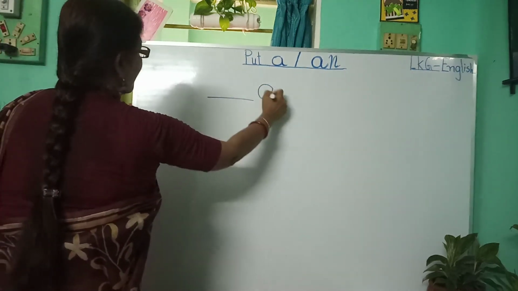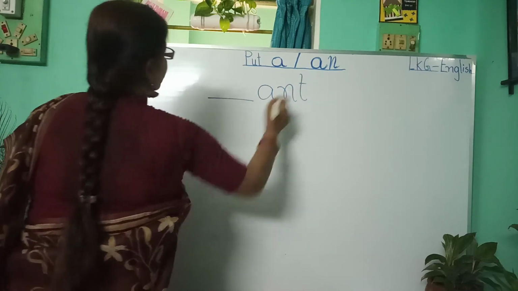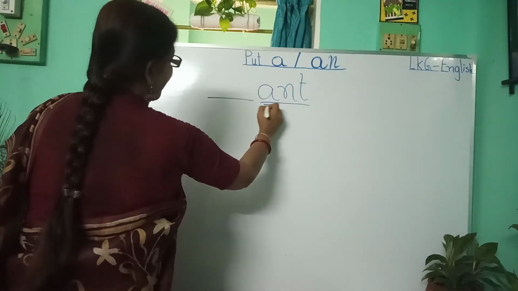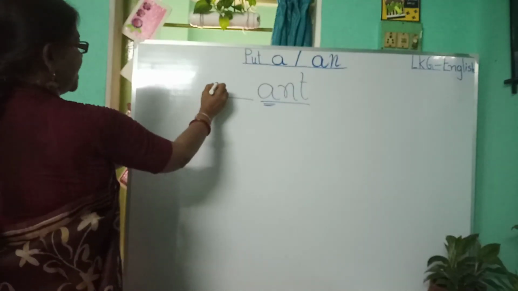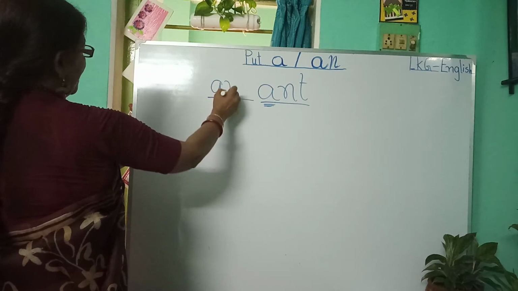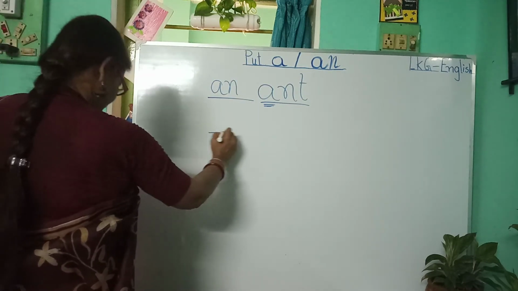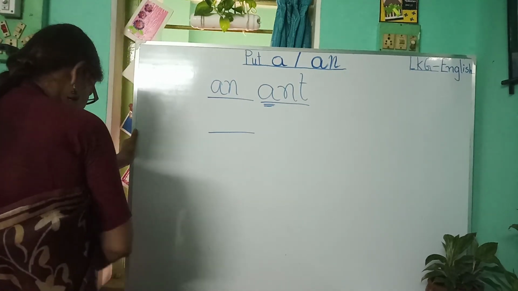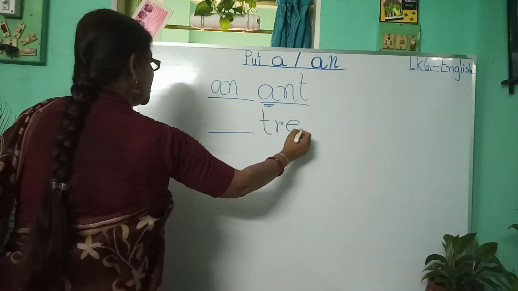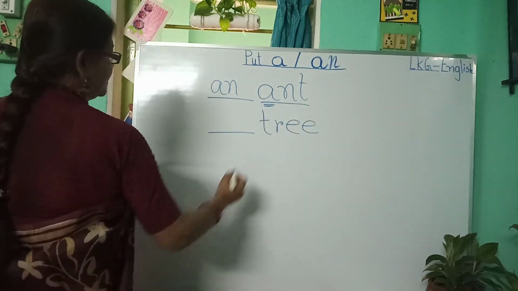Dash A-N-T, ant. The starting letter of ant is A. A is a vowel. So I will put here an. Then tree. T-R-E-E, tree.